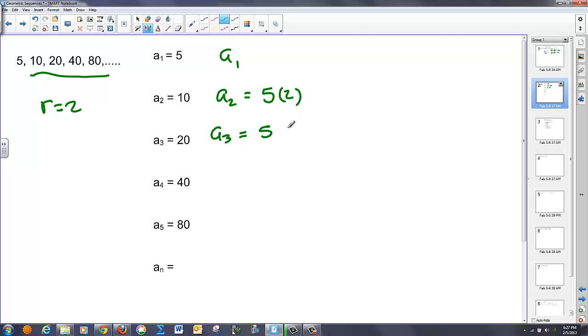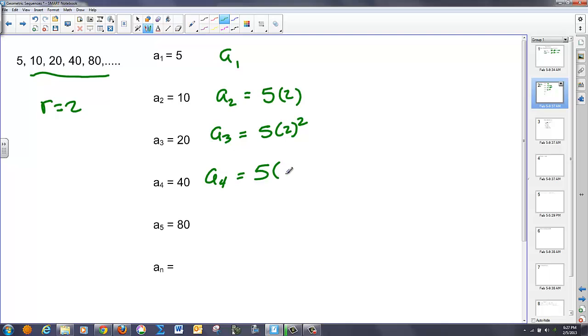So I can either say that is 2 times 2, or I'm going to say 2 squared because it's going to help me a little bit more in this case. In the third number after the first, or my fourth term, I take my first term and I multiply by 2 again.